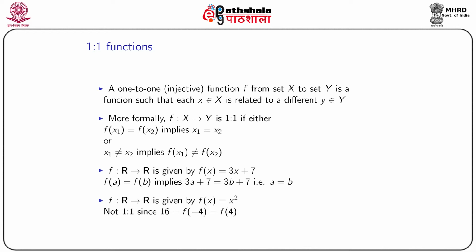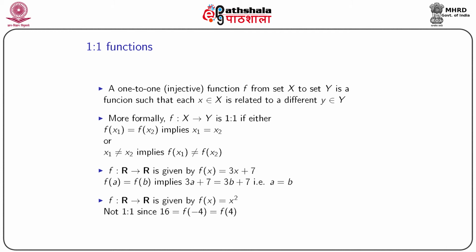First condition, if f(x1) equals f(x2), then it must imply that x1 equals x2. Or if we say it in the reverse way, if x1 and x2 are not equal, that means x1 not equals x2, that implies that f(x1) can never be equal to f(x2).